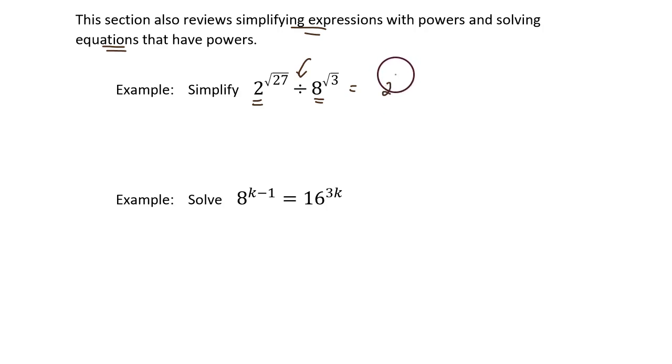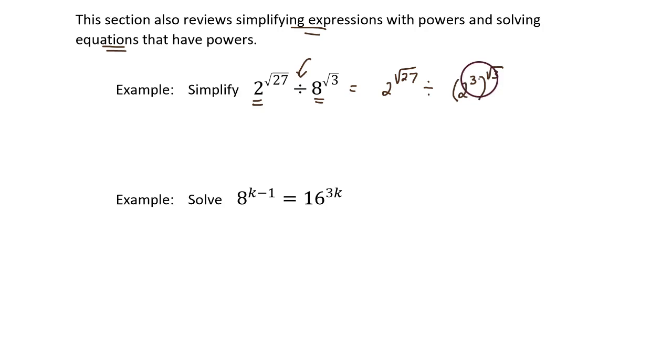The first one we can keep the same. But for the second one, let's rewrite the number 8 using a base of 2. Hopefully you agree that 8 is 2 to the third power. And that number, which remember is 8, is raised to the square root of 3 power. This right here is equivalent to this here.